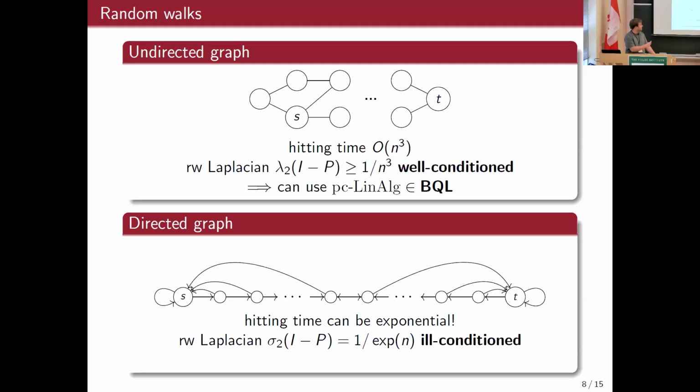And also, we again have this correspondence that in this case, the Laplacian need not be diagonalizable, but the smallest non-zero singular value is only inverse exponentially bounded, not polynomially bounded. So at first glance, it seems not obvious how a linear algebraic quantum log space procedure could be of any help here.